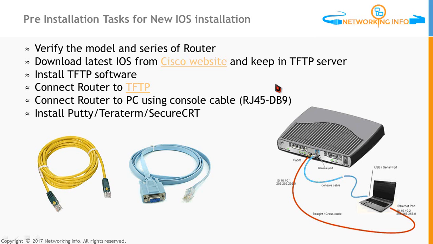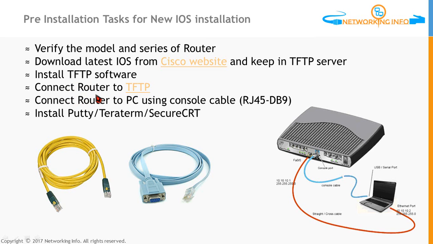Then you need to install software. The software name is TFTP, or there may be any service running on a server operating system that can also help in downloading the OS to the router. So we need to have TFTP, a TFTP server.